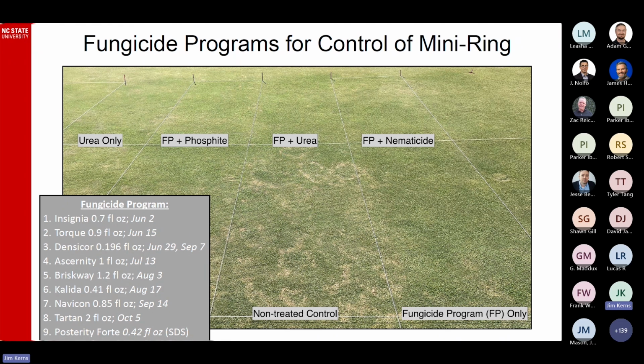And this was even before Resilia or Timeria, newer products coming out for nematode control, right? Even though we did include the nematicide, it was just as good, but in this case we didn't have as high nematode numbers. So that's why I think we just saw the fungicide program do well.